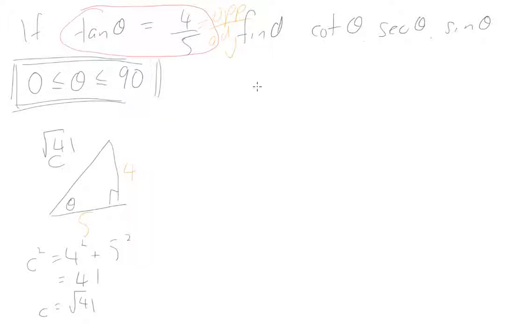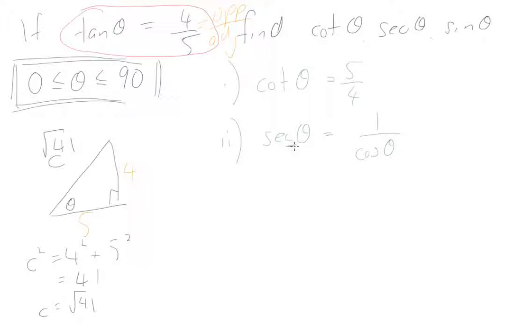In terms of finding values, firstly, part 1, cot theta. Well, we know cot theta is 1 on tan theta, or tan theta flipped upside down. So here, it's just 5 on 4. Part 2, sec theta is 1 on cos theta.